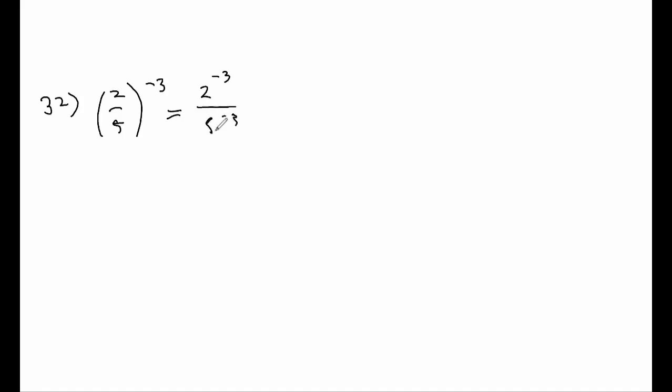And again, we're going to use our negative exponent rules. So recall that x to the negative y is equal to 1 over x to the y, and that 1 over x to the negative y is equal to x to the y. So this is the same thing as saying we're going to take the 2 to the negative 3 and move that downstairs.